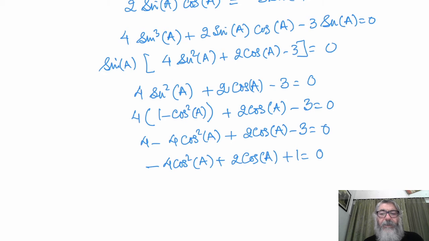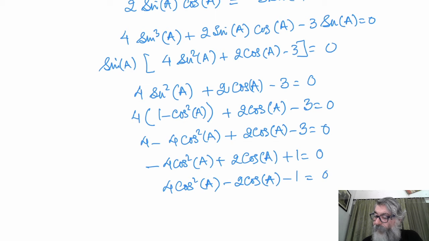Change the signs again for convenience, nothing else. Minus becomes plus, plus becomes minus. It becomes 4 cos square A minus 2 cos A minus 1 is equal to 0.